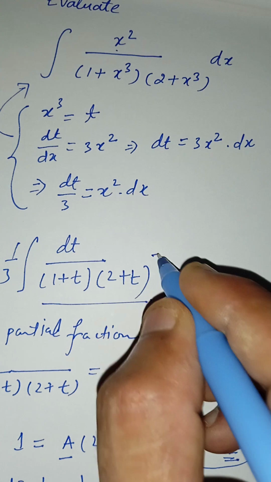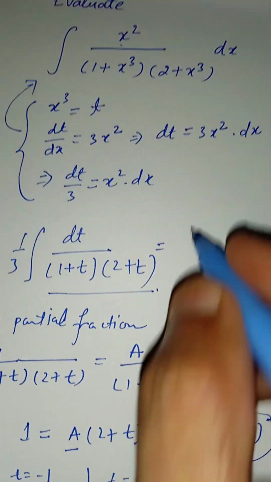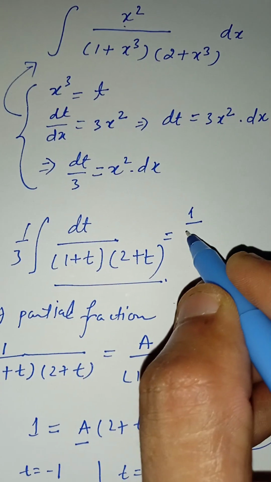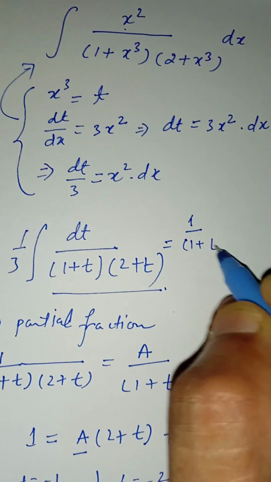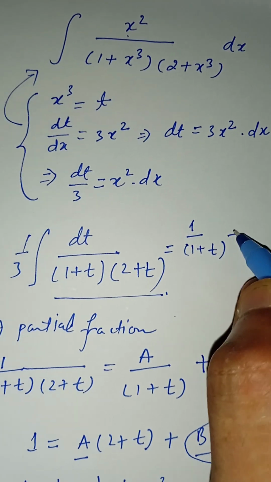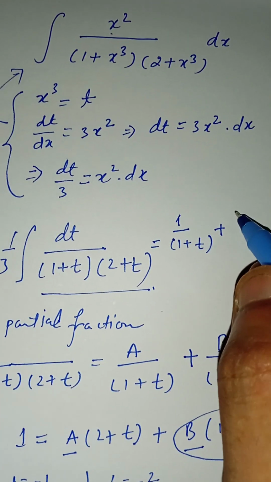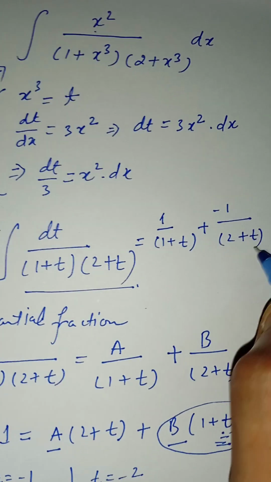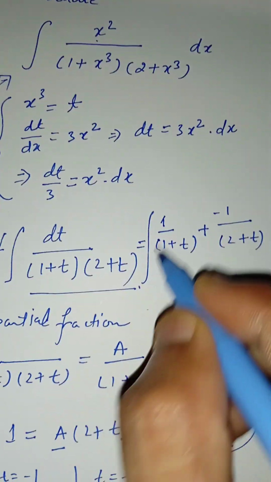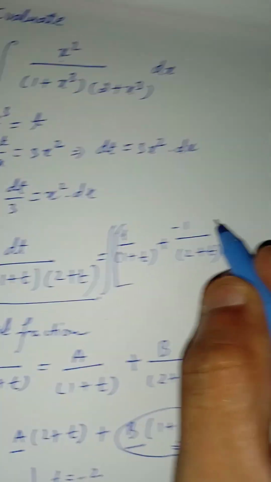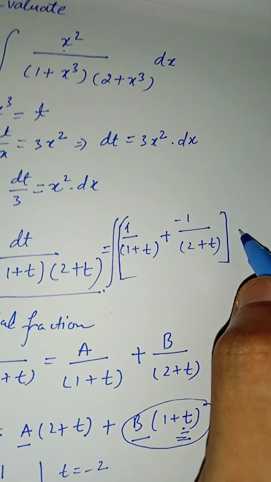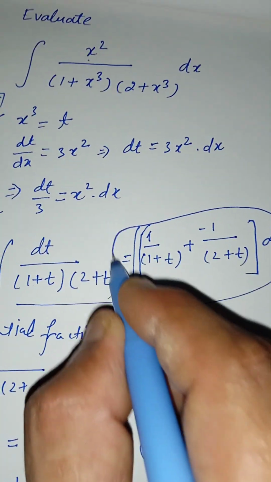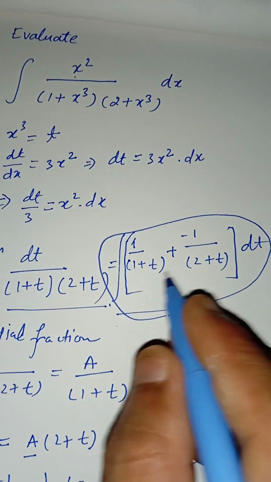So you can write it as a, 1 by (1 plus t), and plus b, that is minus 1 by (2 plus t), and integrate this whole integral with respect to dt. Now you have to integrate this integral separately.